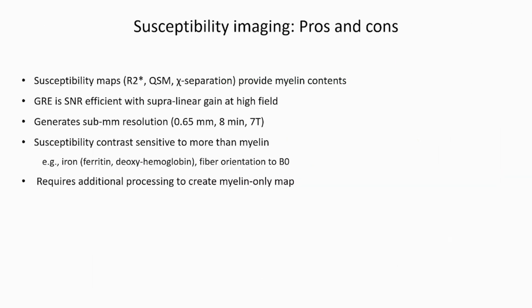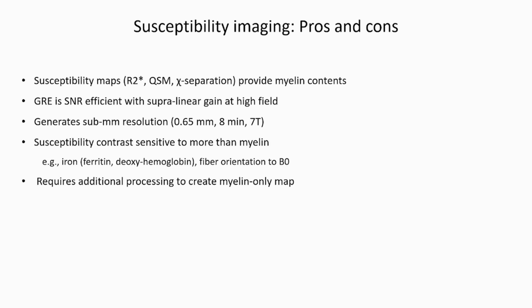So the summary of this susceptibility imaging: they do provide contrast for the myelin concentration, and it is really an SNR efficient technology, and you get the gain from the high field so that you can get to high resolution data sets.